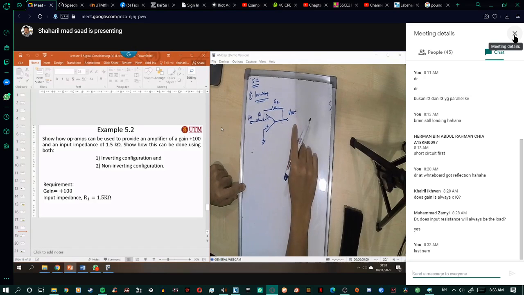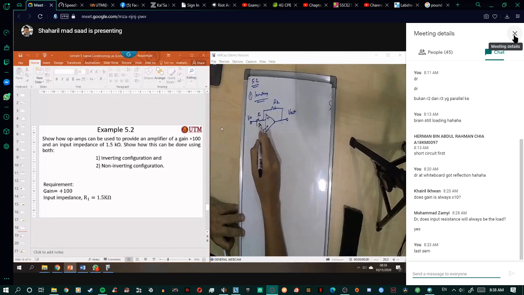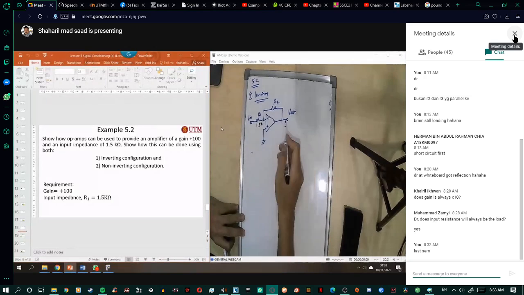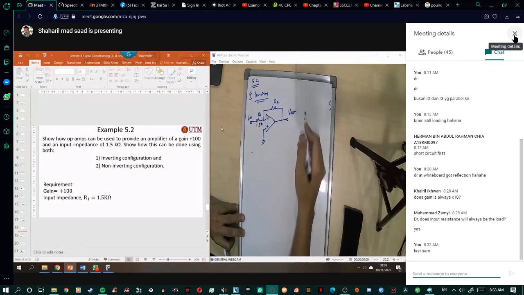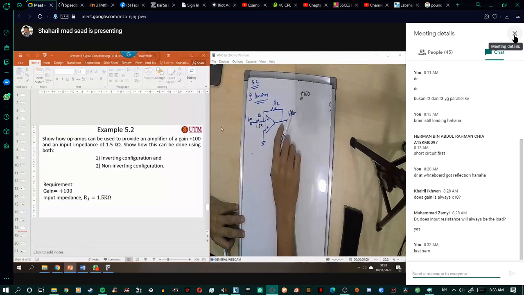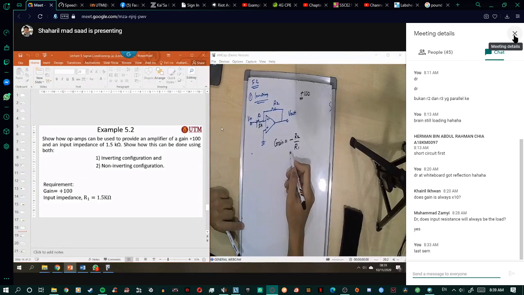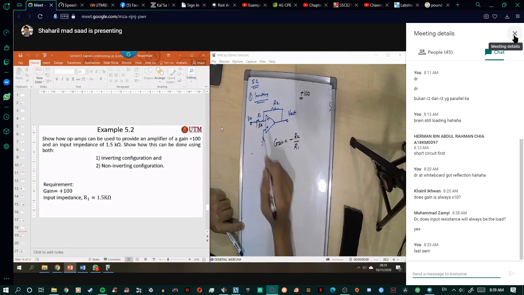Okay, right. So it says that the input impedance is 1.5 kilo ohm. So for the inverting circuit, the input impedance is R1. And we want to achieve plus 100. When you calculate the gain, it becomes negative R2 over R1. So we can find the value of R2 first.